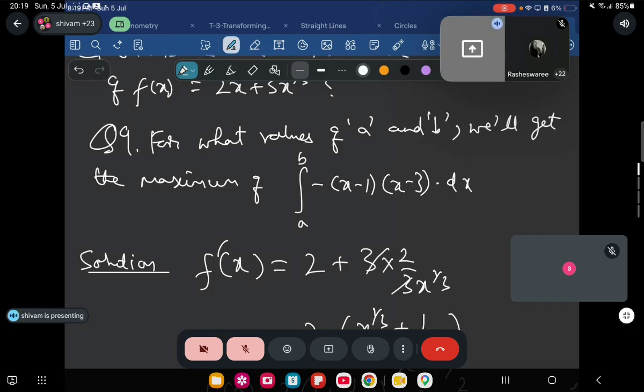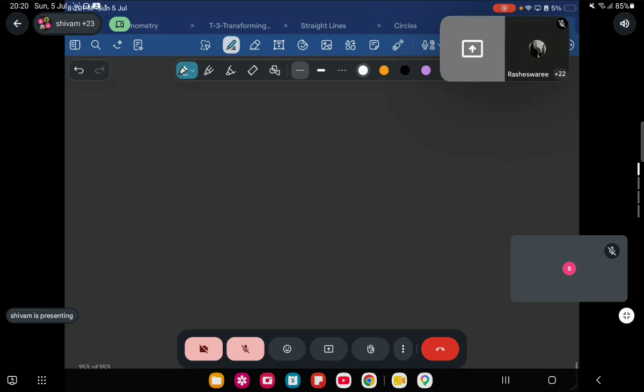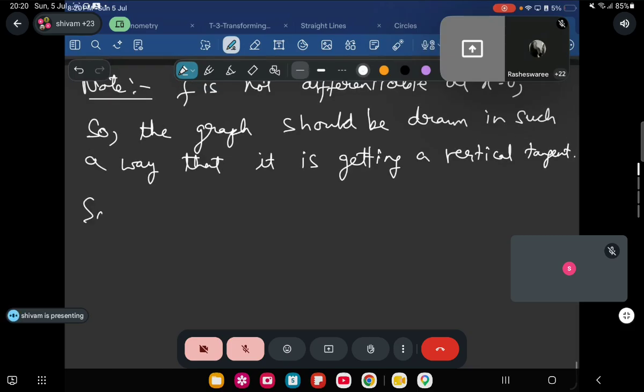Okay, Ahid, your answer was correct. Okay, let me solve it for everyone. For what values of a and b? This is number 9. We'll get the maximum of this one.